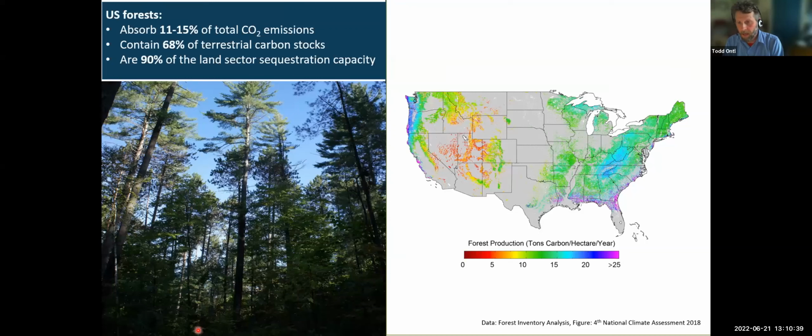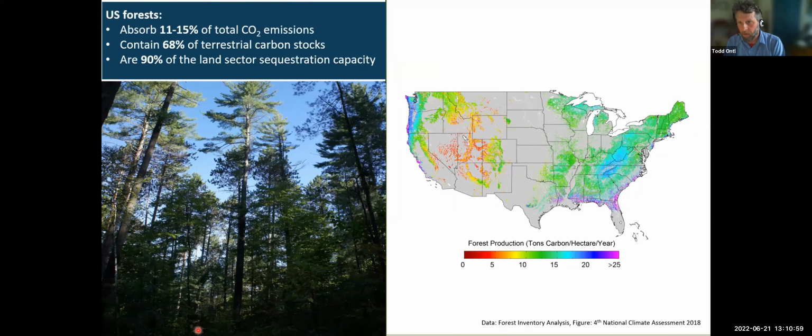And forests contain 2/3 of our terrestrial forest carbon stocks, so contain the majority of carbon that's in our land-based ecosystems, and are a very impressive 90% of our land sector's capacity to sequester carbon.